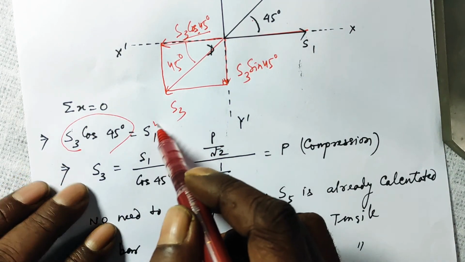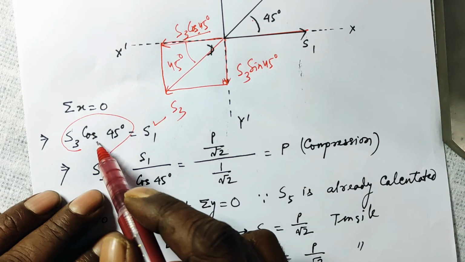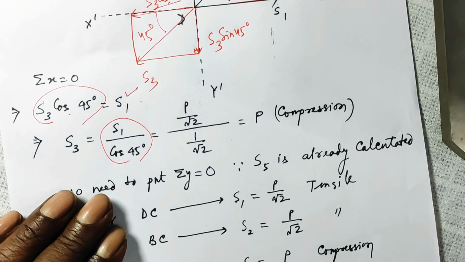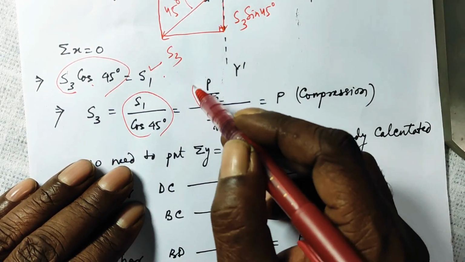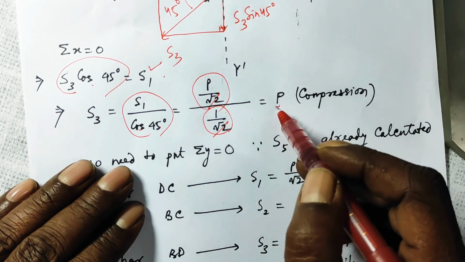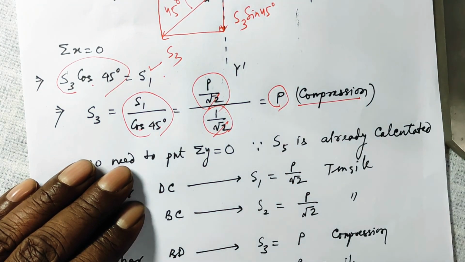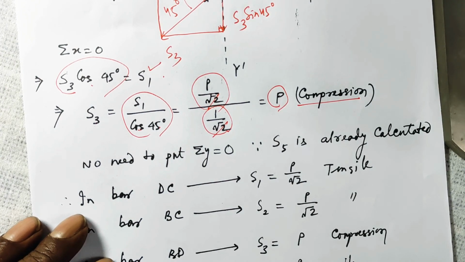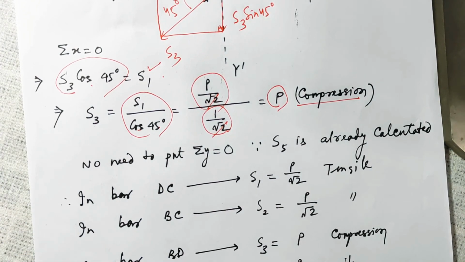So S3 will be S1 over cos 45. S1 we have already calculated as p over root 2, cos 45 is 1 over root 2, root 2 cancels. So S3 is equal to p, that is a force of compression.